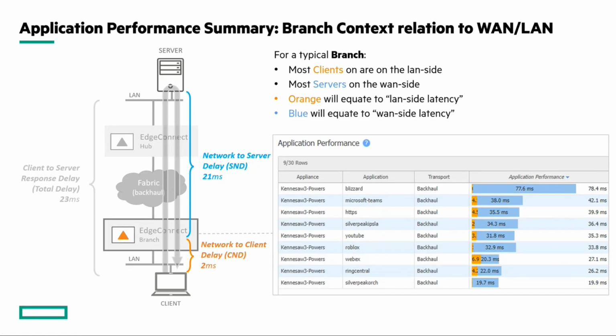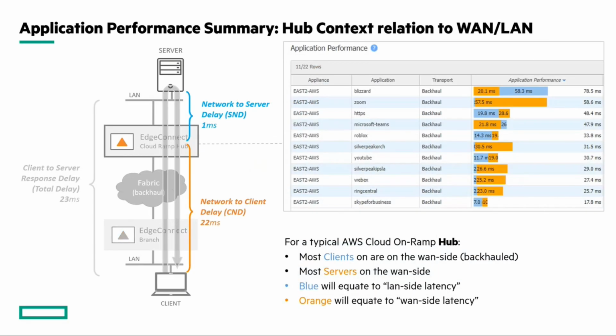You could have an inbound port forward, for instance. At the branch, you would see more orange and then just a little bit of blue because the server's on the LAN side of the EdgeConnect itself. Now, again, when we switch to the server, the whole thing changes because at the server it's all flipped around. Let's assume that you have a server that's a cloud on ramp.